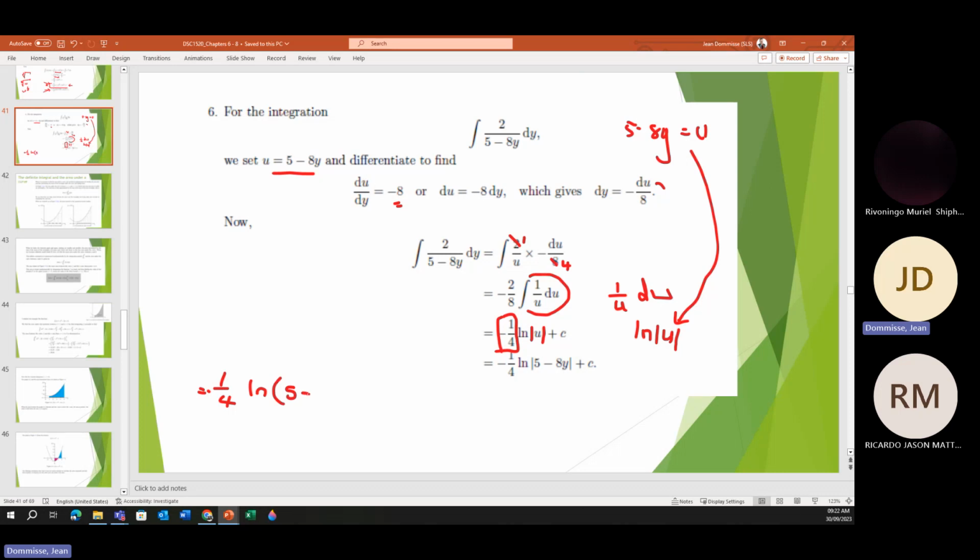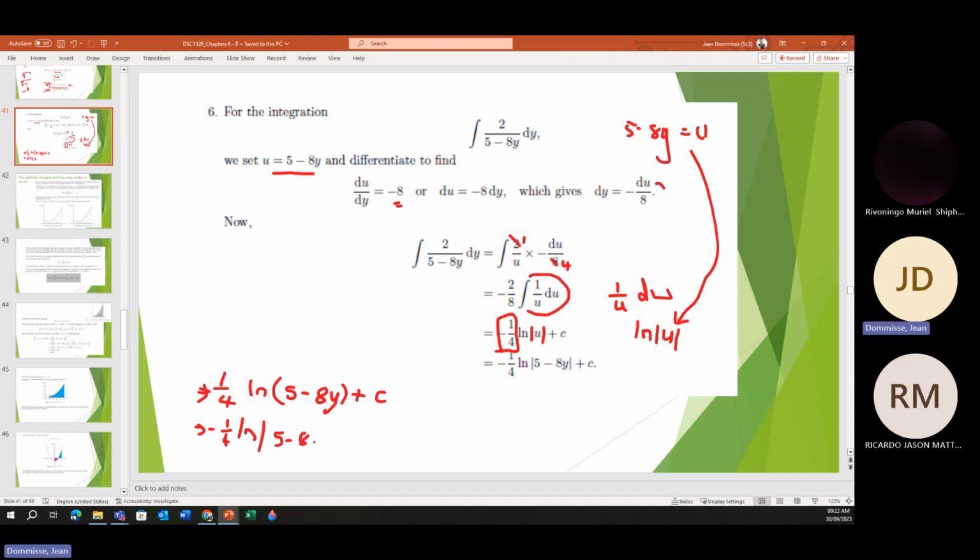So it could have been that one of your answer sets is with normal brackets and one is with the absolute value.